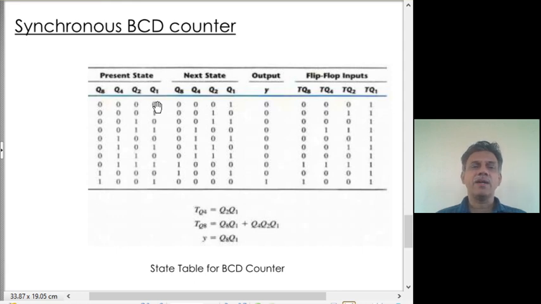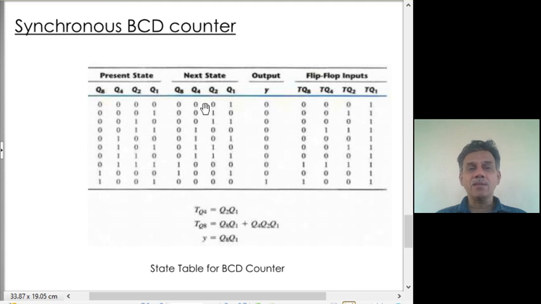Rather, we call them by the weightage because the LSB has a weightage of 1, the next has a weightage of 2, and the MSB has a weightage of 8. So the bit pattern taken by these 4 bits to start with is 0, 0, 0, 0, then 1, 2, 3 and so on. When it reaches 9, that is 1, 0, 0, 1, we have to go back to 0.